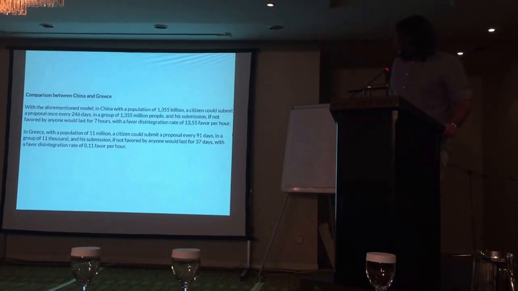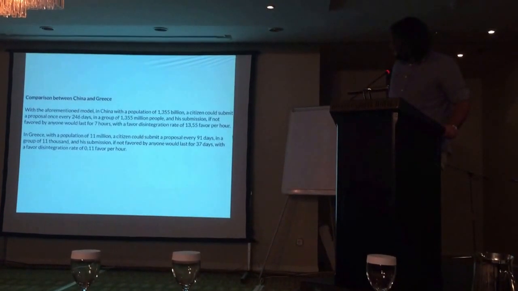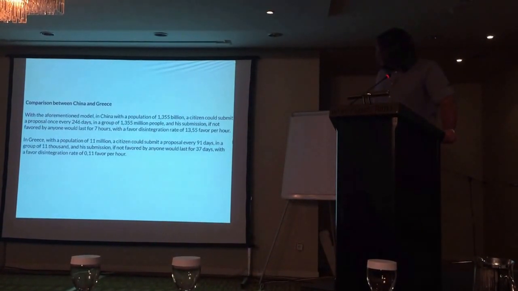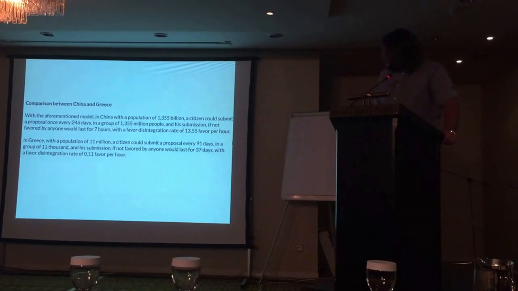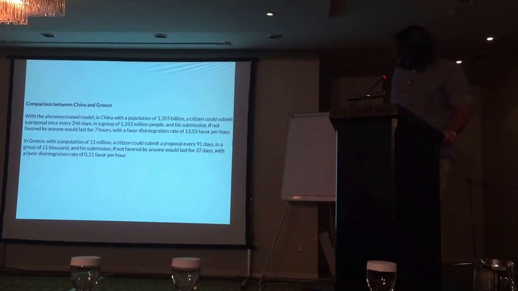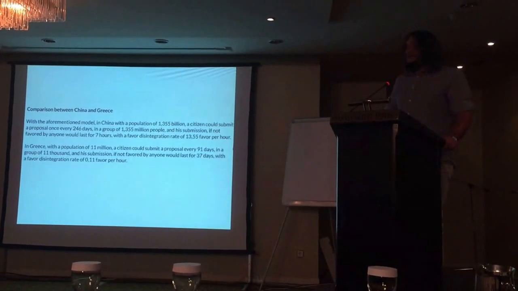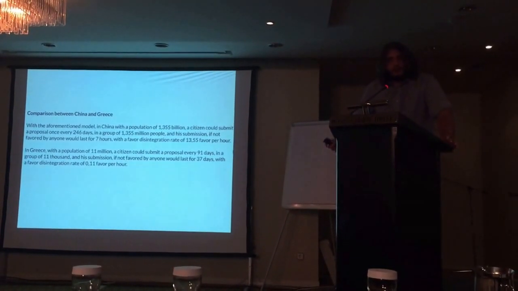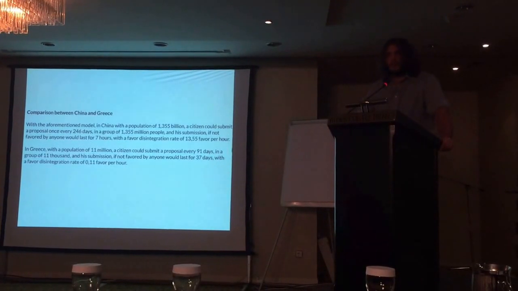In Greece, with a population of 11 million, a citizen could submit a proposal every 91 days in a group of 11,000, and his submission, if not favored by anyone, would last for 37 days. So we can see that there is control according to the population size of each society.